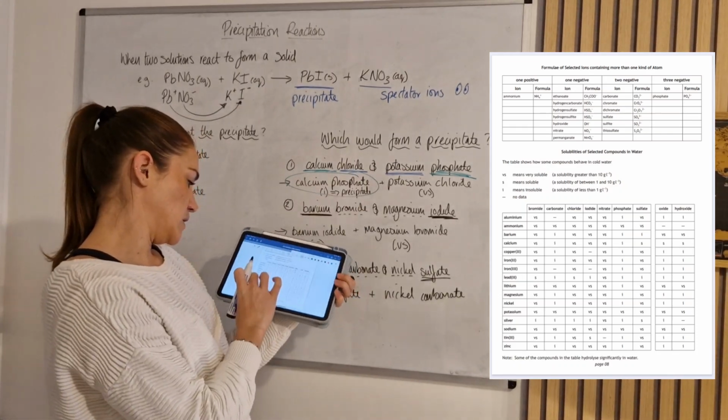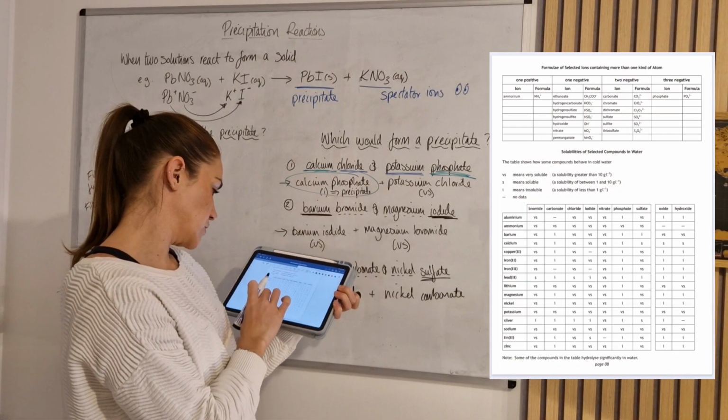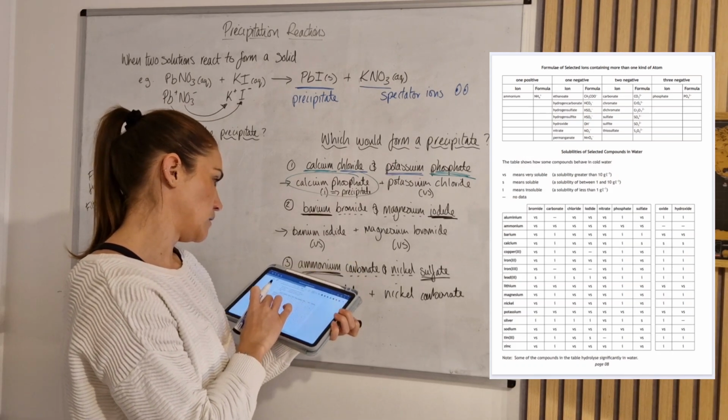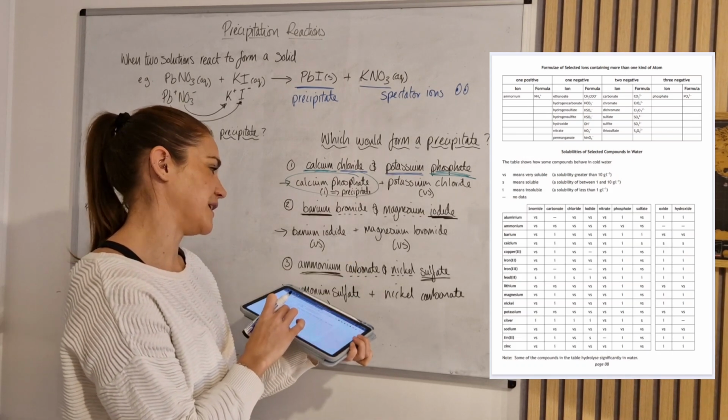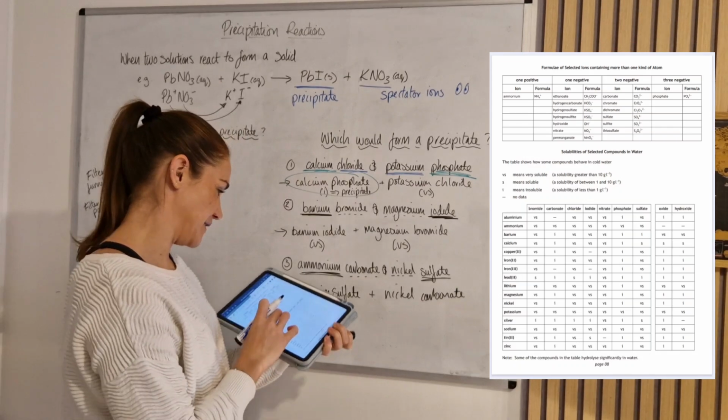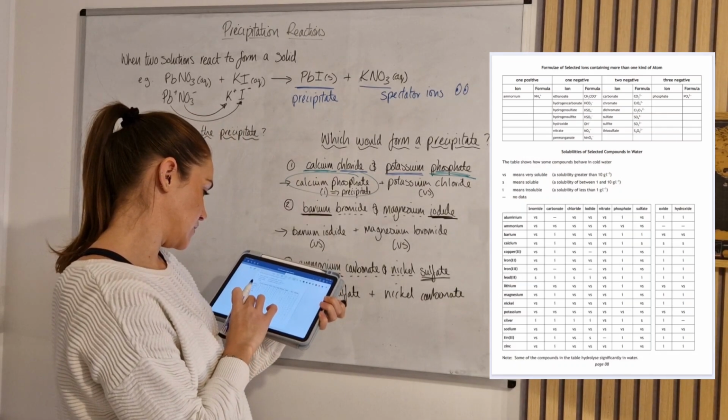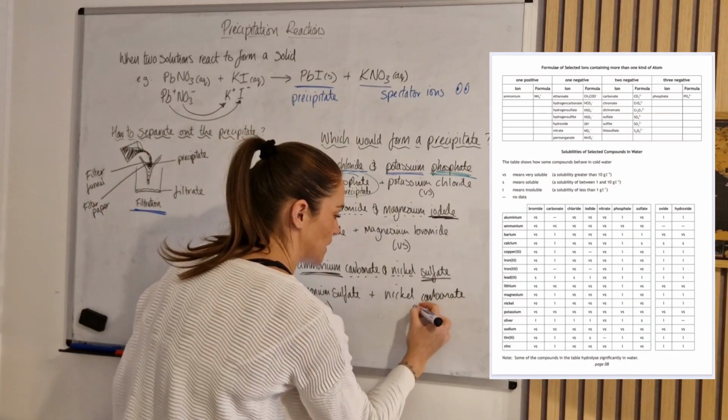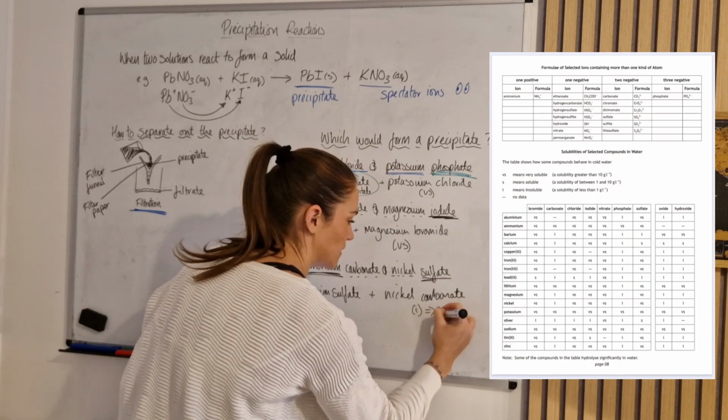And then we go down to nickel and along to carbonate. See, this is why it's good to write it down. So nickel carbonate, that is insoluble, which means that will be a precipitate.